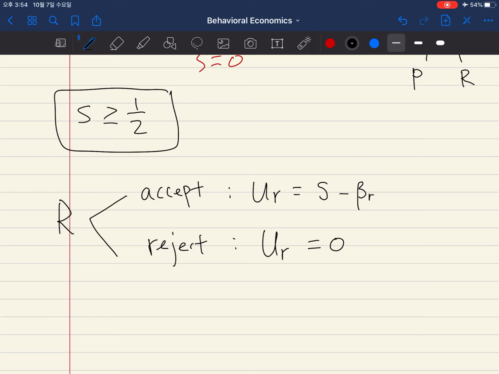We don't have an alpha term here because, as long as S is bigger than half, responder is going to get more than proposer, so responder is going to feel compassion. And the extent of inequality is the difference between what responder has and what proposer has.